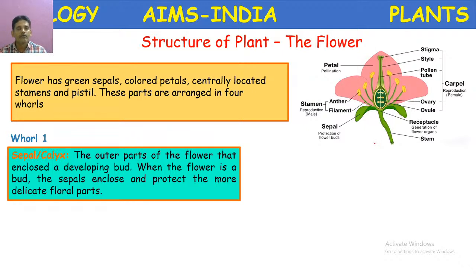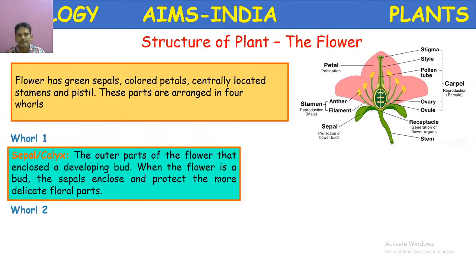So this flower, a typical flower or a complete flower, possesses parts. These parts are arranged in rings called whorls, like this. So it is a flower with parts in rings. Let us discuss in detail. The flower has green sepals.